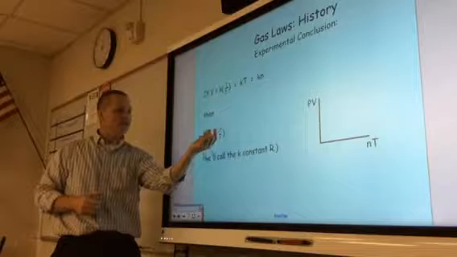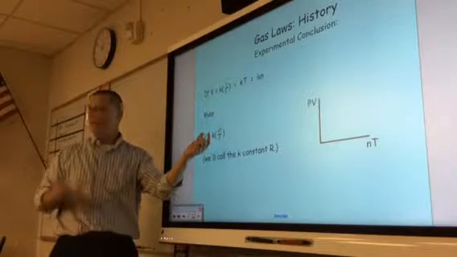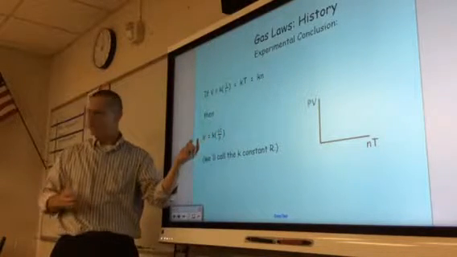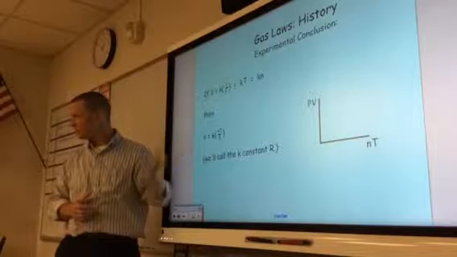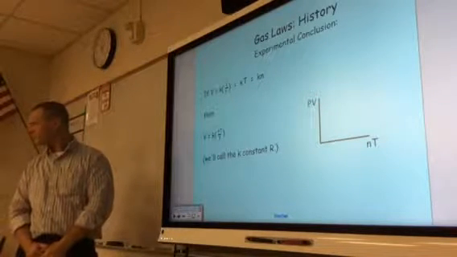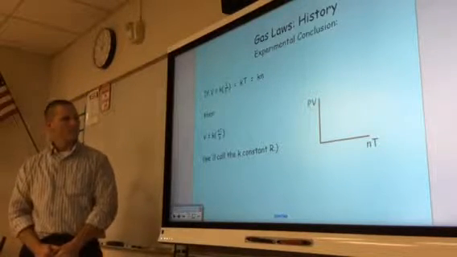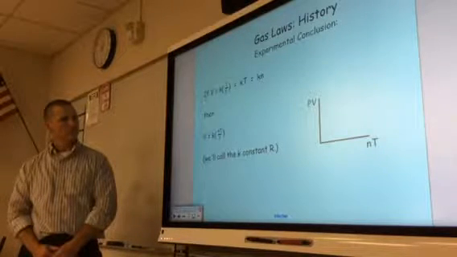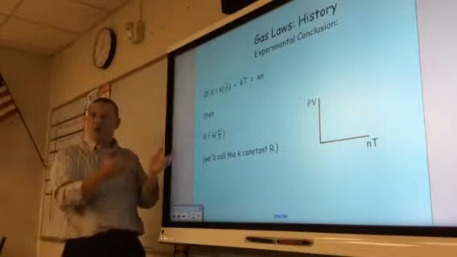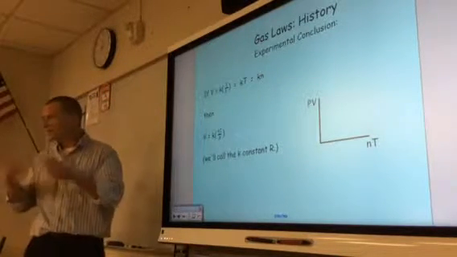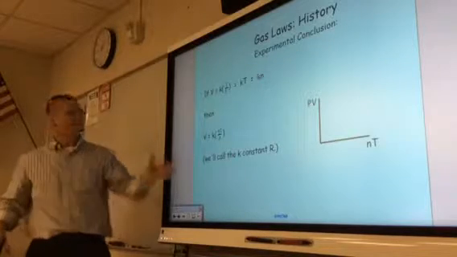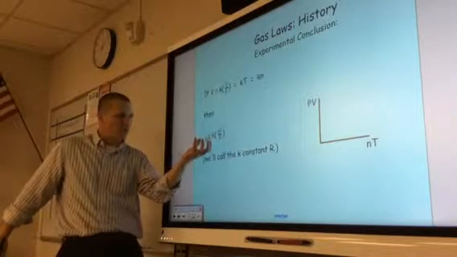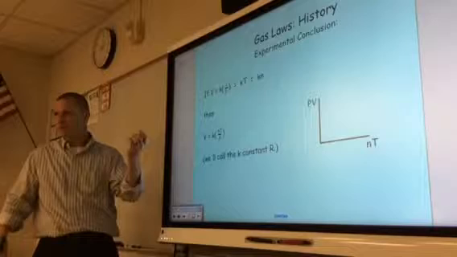If they're all multiplied by some constant, that would equal V. This covers the four variables that affect gas behavior. So these four variables are all kind of wrapped up in this equation.